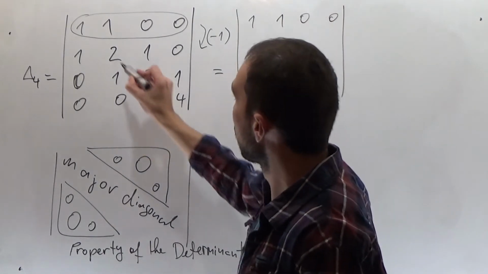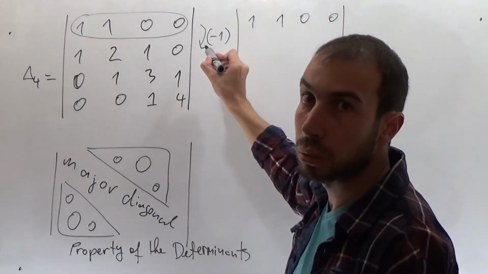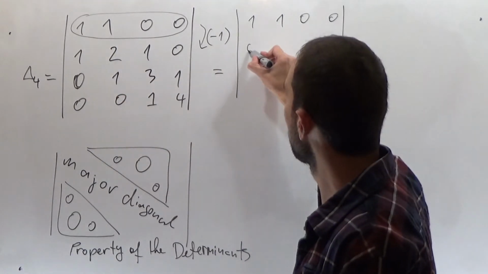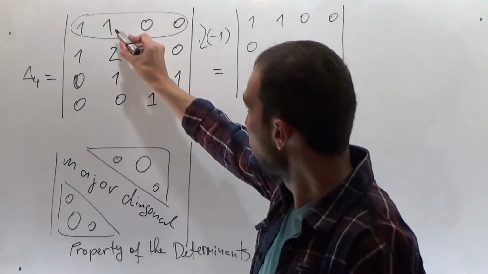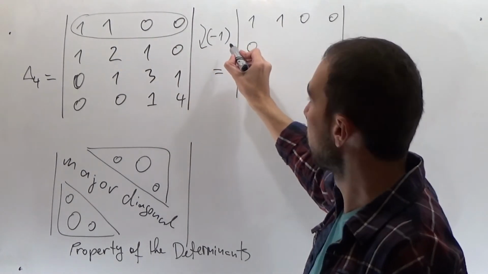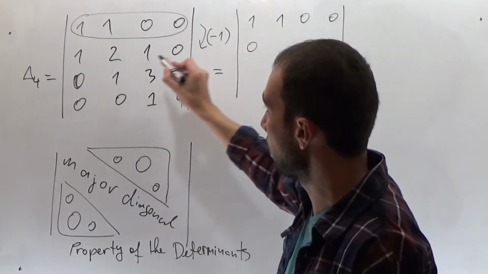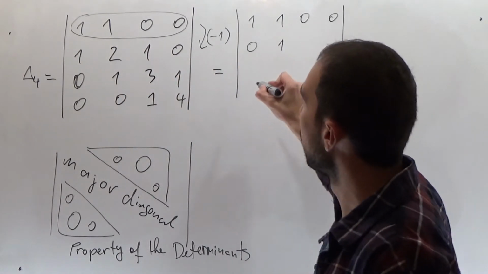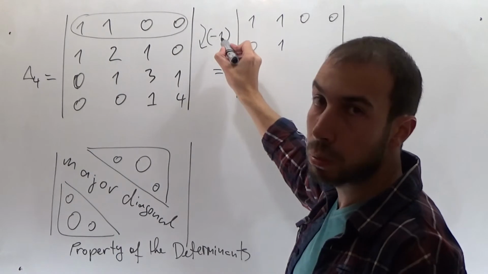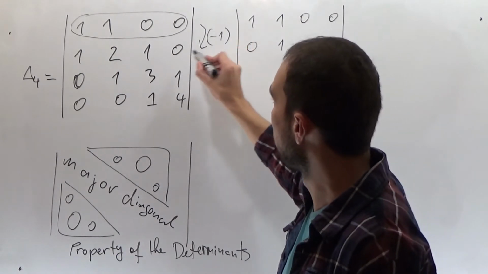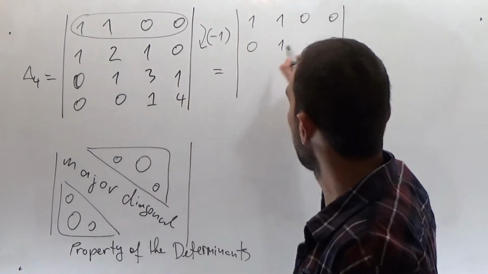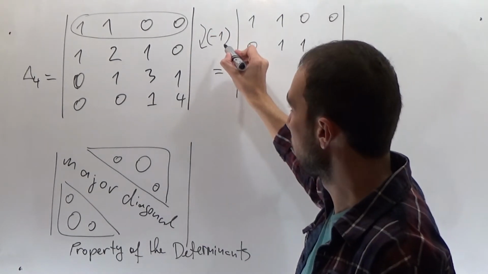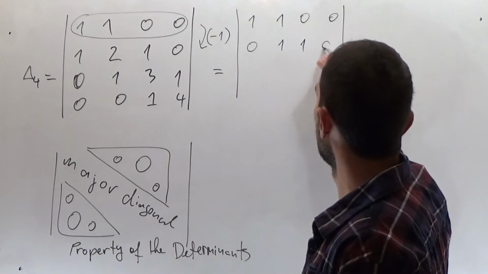We have 1 multiplied by minus 1, which is minus 1, plus 1, which is 0. 1 multiplied by minus 1, which is minus 1, plus 2, which is 1. 0 multiplied by minus 1 is 0, plus 1 is 1. 0 multiplied by minus 1, 0 plus 0, 0.